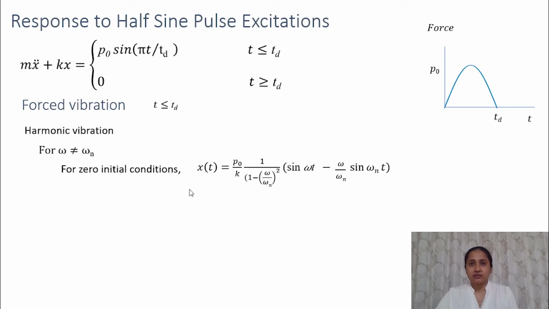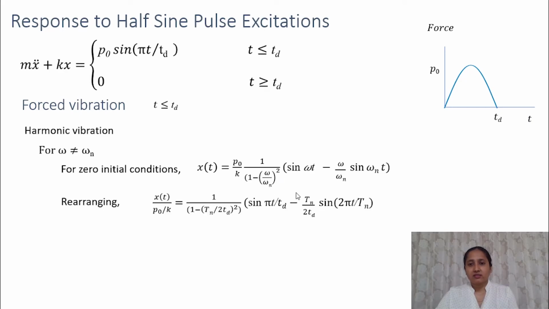So if the initial conditions, that is the initial displacement and initial velocity, are 0, then the expression for the displacement response is this. We had derived it during the harmonic vibration discussion. So this is valid for omega not equal to omega n.